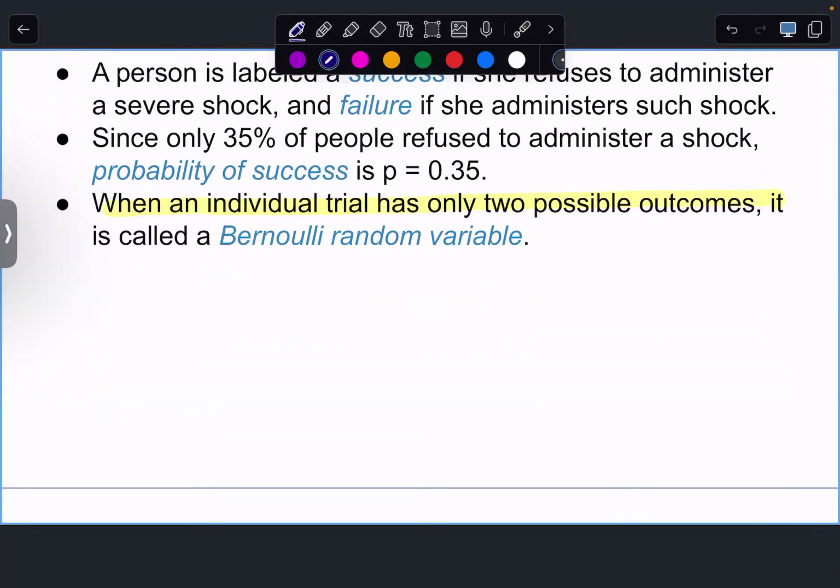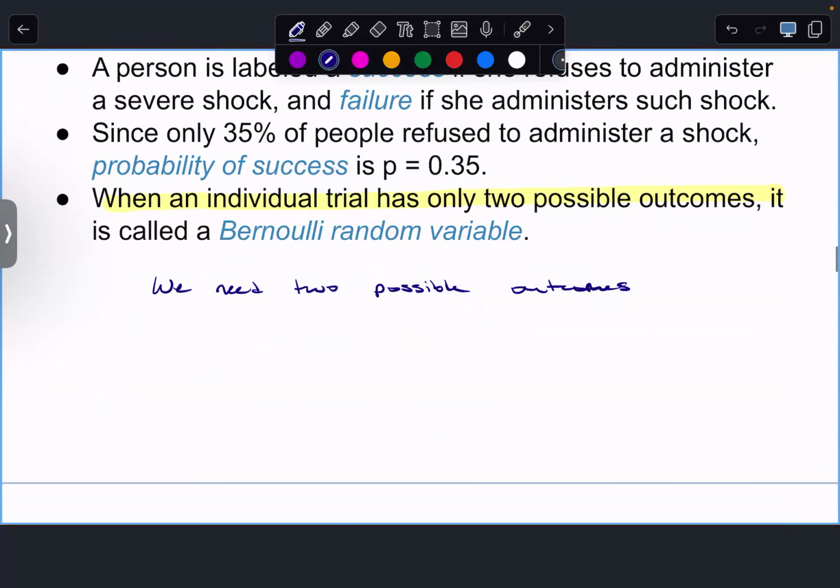But we need two possible outcomes. Success and failure.